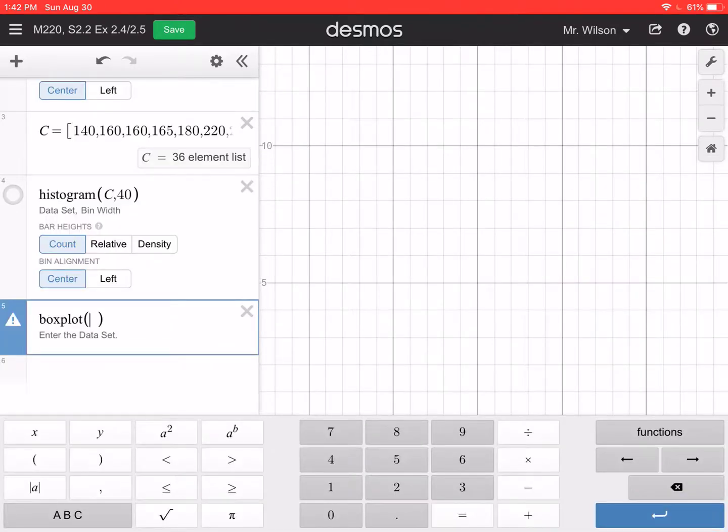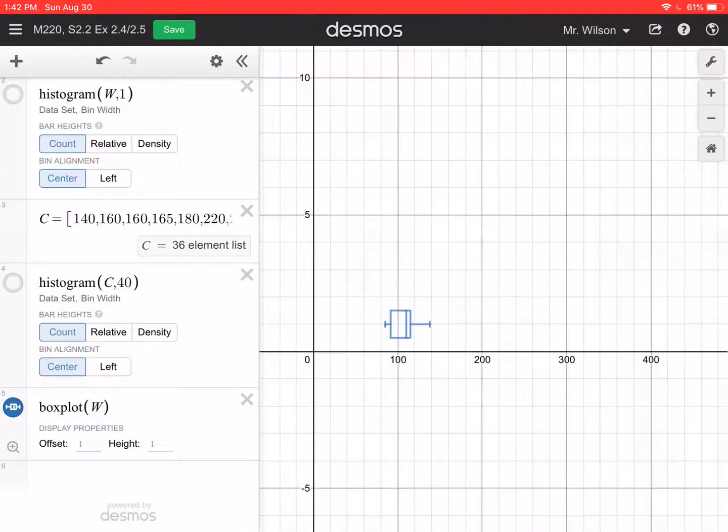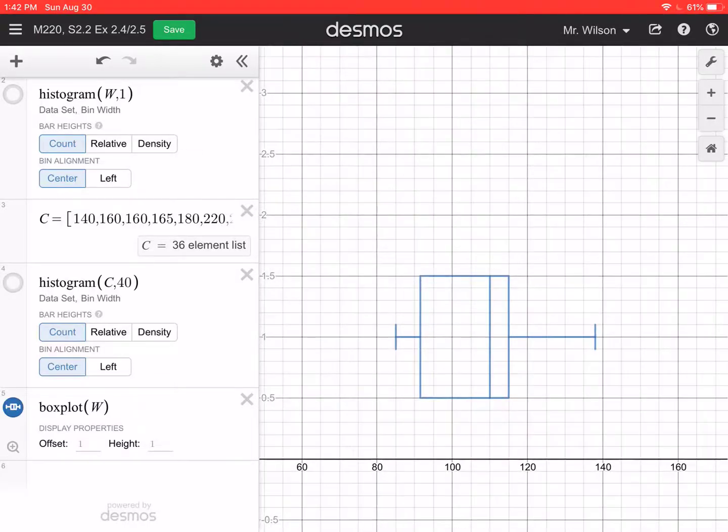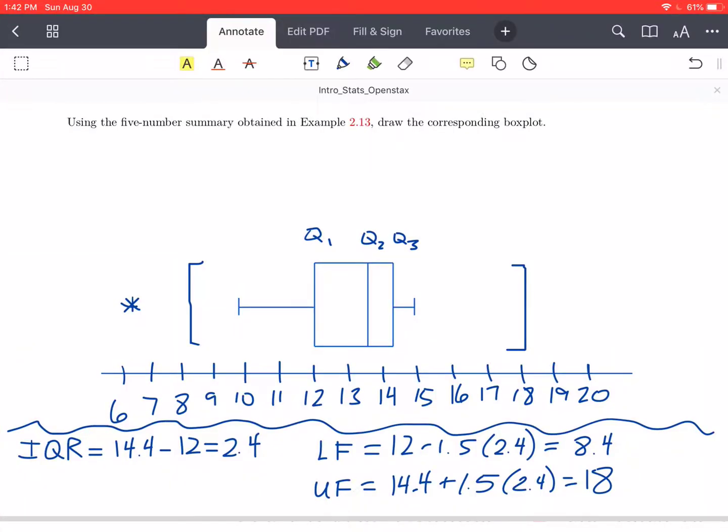So let me just do one with my set W. Okay, and there's a box plot. Desmos will draw it for you. The one thing that Desmos does not do, it does not identify outliers for you. So if you just look at the box plot on Desmos, that's not going to tell you if there are outliers. So you still have to make that determination for yourself, and that'll help you in completing these drawings of the box plots.